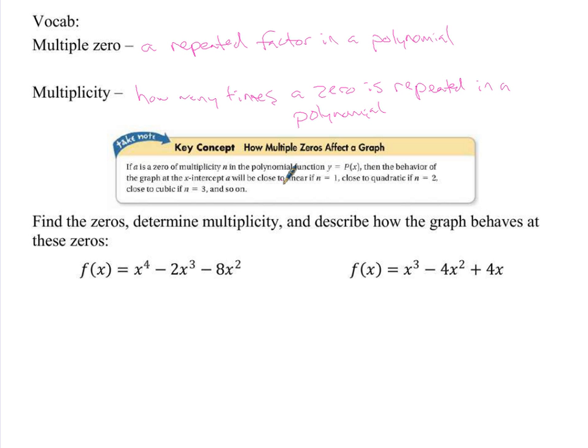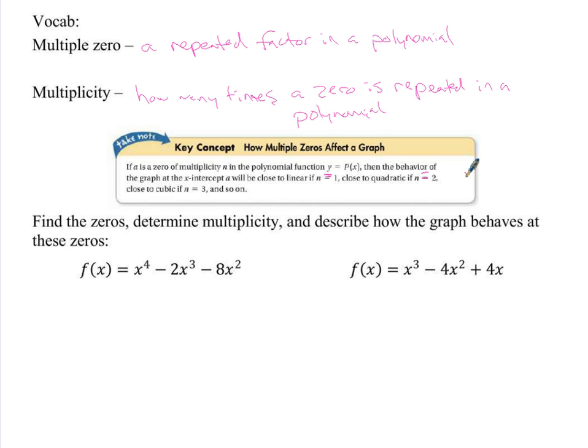the behavior of the graph will be close to linear if n equals 1. If the multiplicity is 1, then the behavior of the graph around that zero looks like a line. If the multiplicity is 2, if n equals 2, then the behavior of the graph will be close to looking like a parabola.